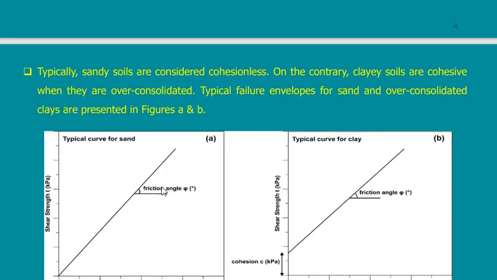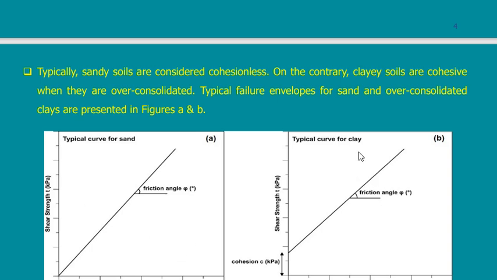So if I have a sand, it means that I don't have any C. If you remember, C was the intercept that this line makes with the vertical axis. So in this case, for sand, it starts from the origin, from 0, 0. It means that C equal to 0.